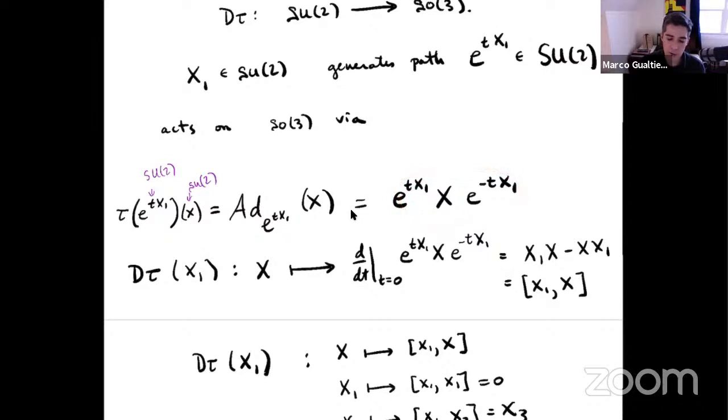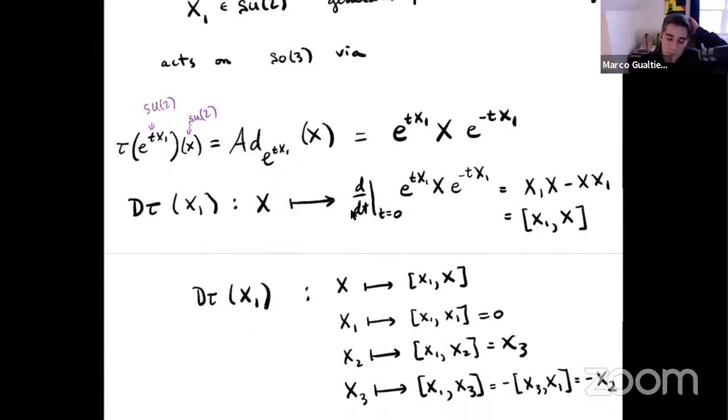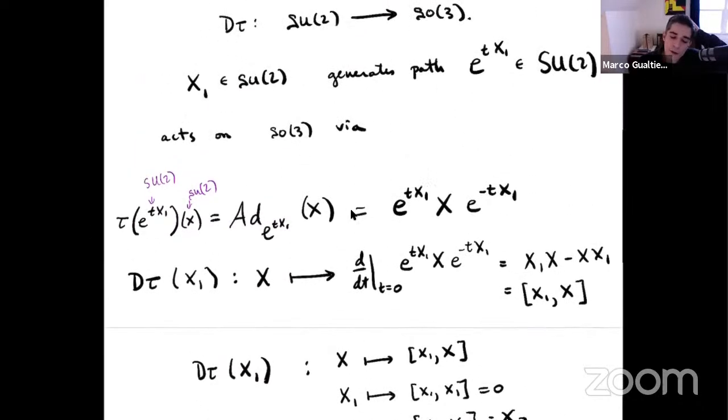Now we can take the derivative of this, which gives me a path. This is demonstrating something we discussed before, that this adjoint action is related to the little adjoint action when we differentiate.